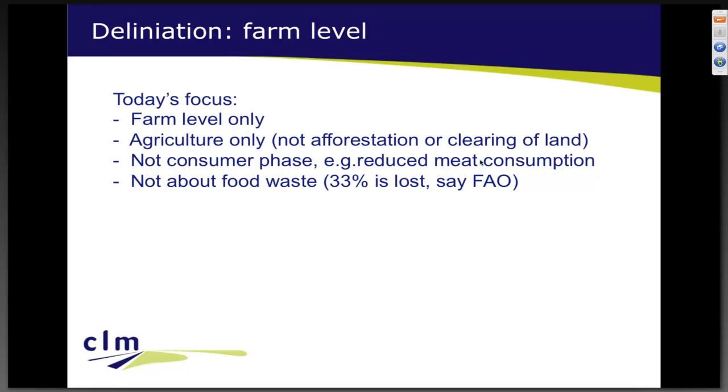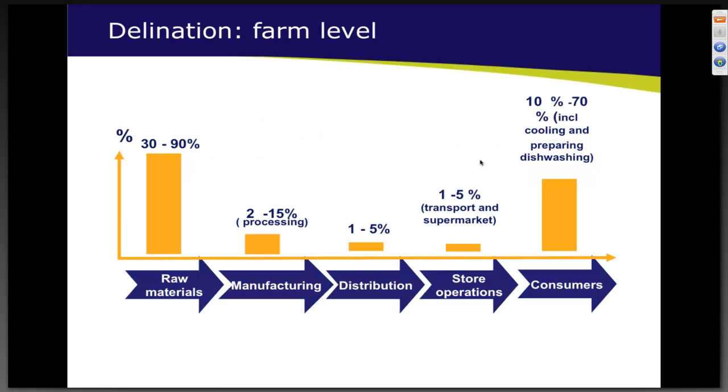But we're not talking about that, because if you look at very general average emissions of greenhouse gases, they occur while you're cooling or preparing food or dishwashing, and they occur at farm level. Sometimes 30, but sometimes even 90% of the emissions are on the farm. So if you want to do something about climate change and farming, you've got to be on the farm.